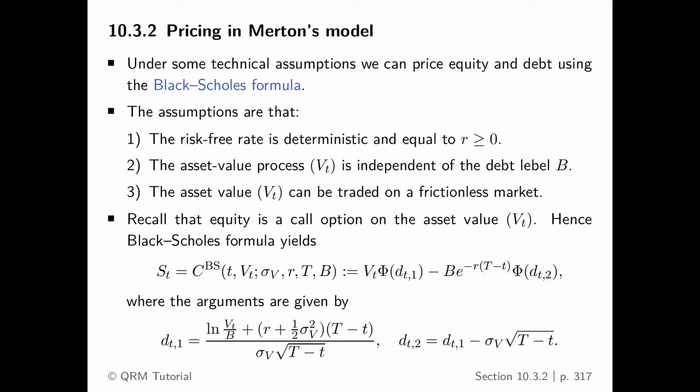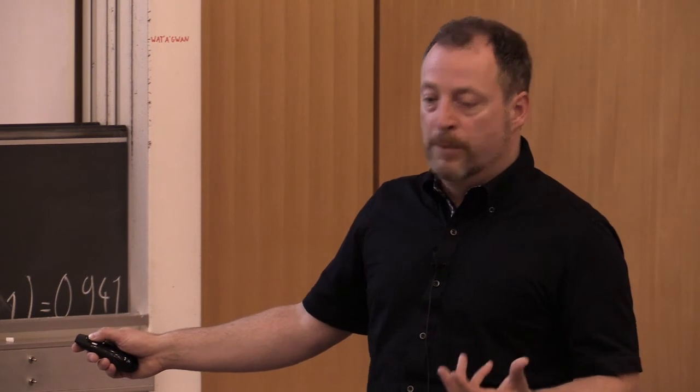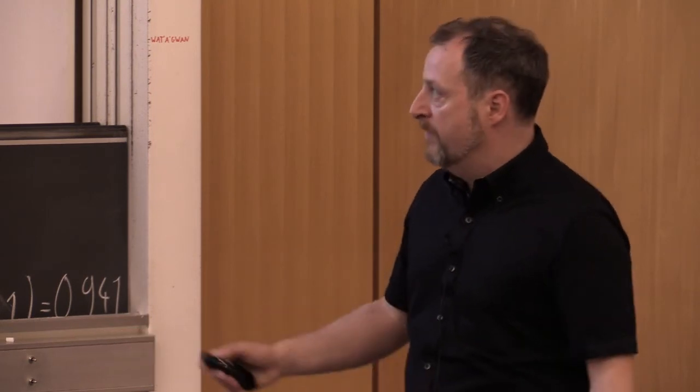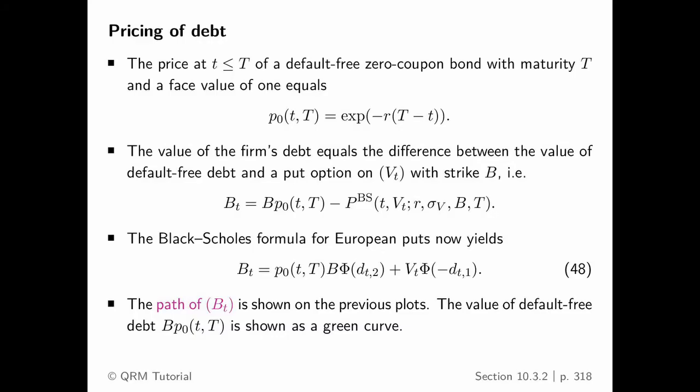It will depend on time, on the underlying, and on various parameters: volatility of the assets, interest rate, time to repayment of the debt, in our case 1, and the nominal value of the debt, in our case 85% of V0. So you get the Black-Scholes formula with certain arguments, and that gives the value of the equity.